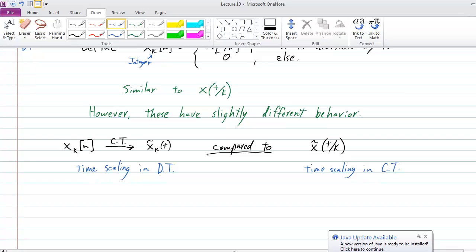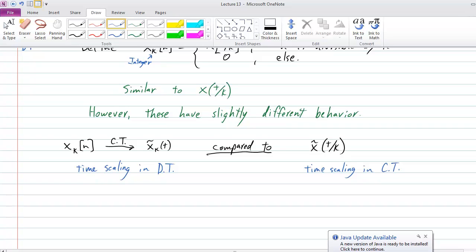Now what we need to do is realize that this delta function here we can rewrite as another delta function using our property of time scaling of delta functions.